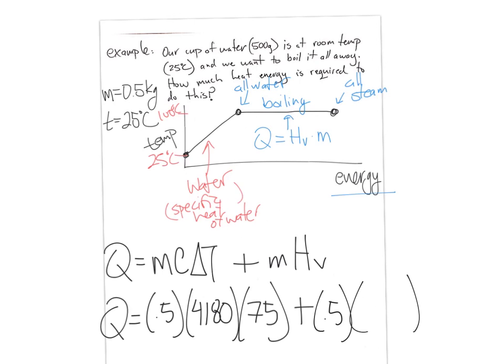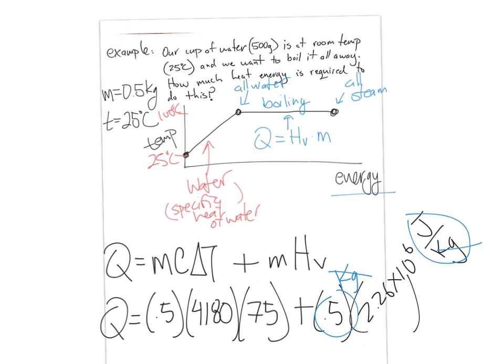So this value, 2.26 times 10 to the 6th. When we're getting used to different quantities, it's helpful to pay attention to the units: joules per kilogram, whereas this is measured in kilograms, so the kilograms cancel out, leaving us with units of joules, which is good, because that's what we're looking for.